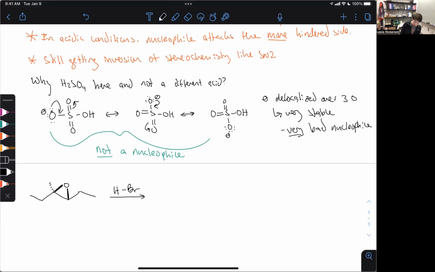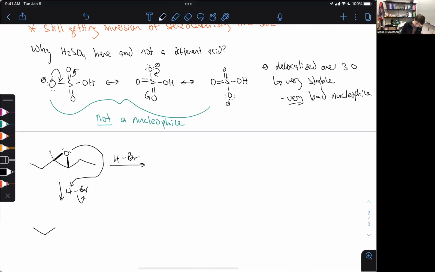First step is going to be to protonate the oxygen of my epoxide. And then I'm going to end up here, and I've got Br minus as my conjugate base.